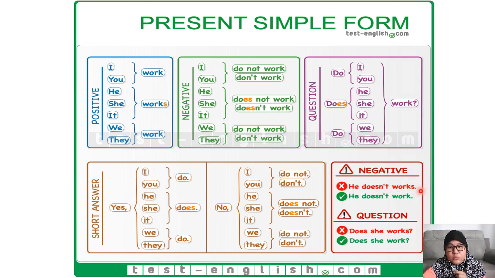So he doesn't works is wrong. He doesn't work is correct. Does she work? Actually, the verb after does doesn't have s. So the correct one is does she work? No s. Alright.